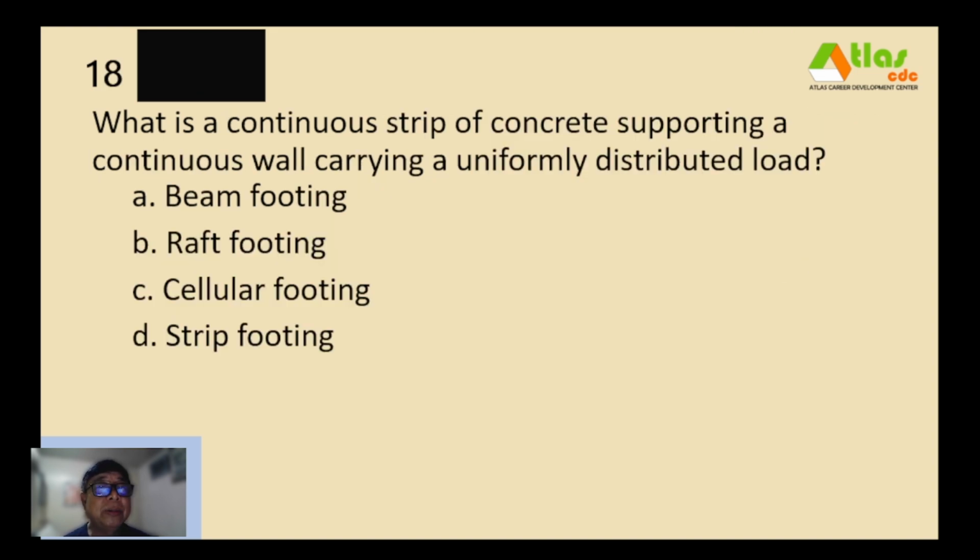Question number 18. What is a continuous strip of concrete supporting a continuous wall carrying a uniformly distributed load? A, beam footing. B, raft footing. C, cellular footing. And letter D, strip footing. 10 seconds.